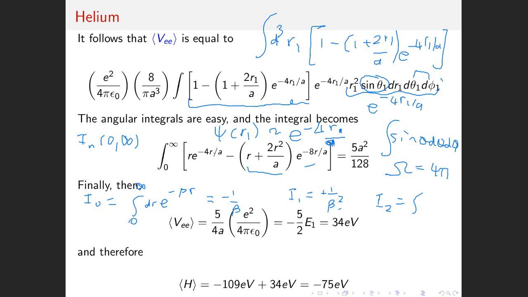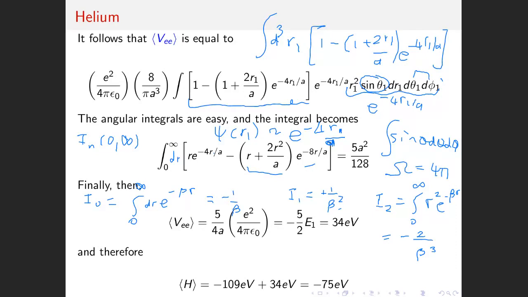Right, so I2 will be the integral of r squared e to the minus beta r, 0 to infinity. Once you differentiate that, I get minus 2 over beta cubed.